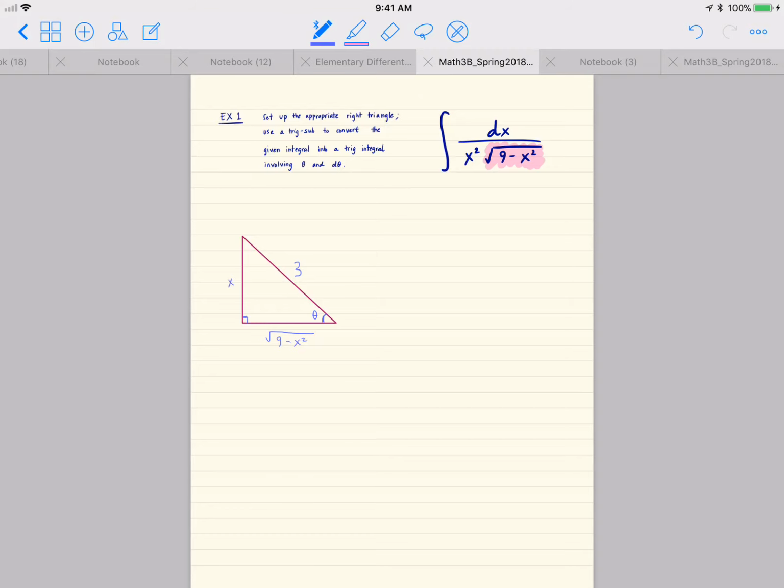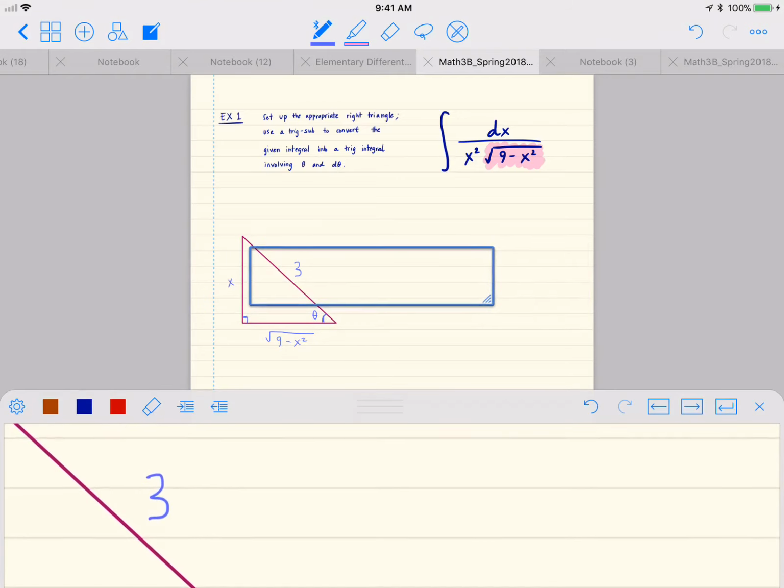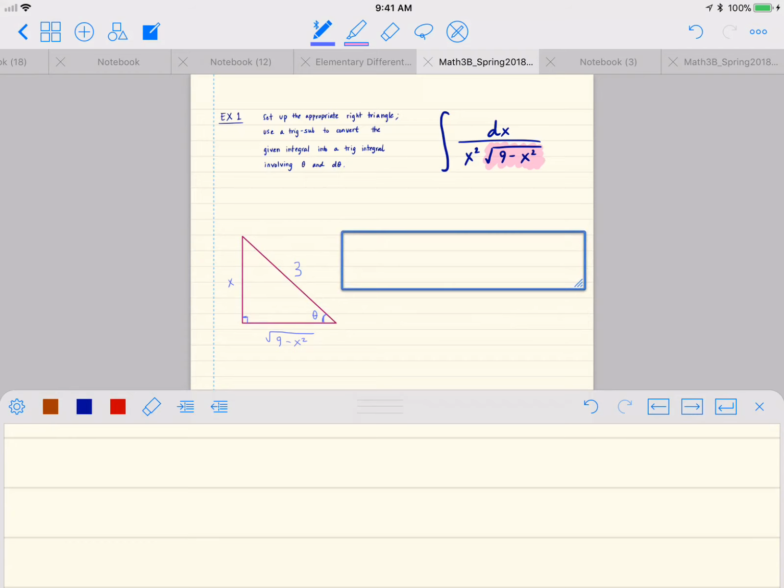I need to convert each part of my integral. I need to convert my integrand and the dx into terms involving theta. So now how am I going to do that? Let me actually write this because there were some students that made this error on the quiz.